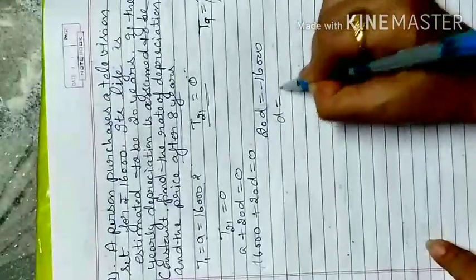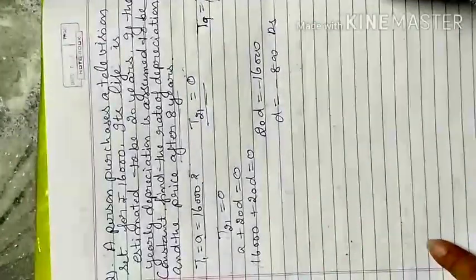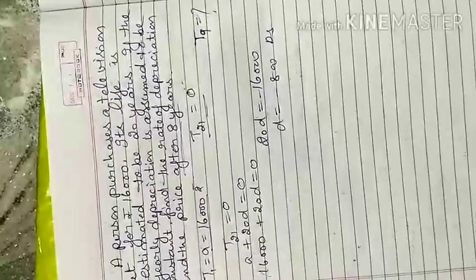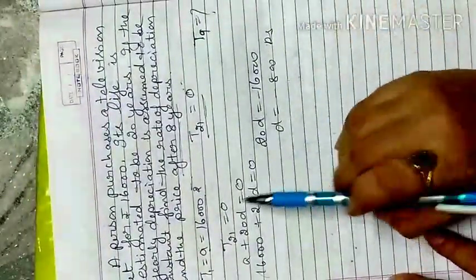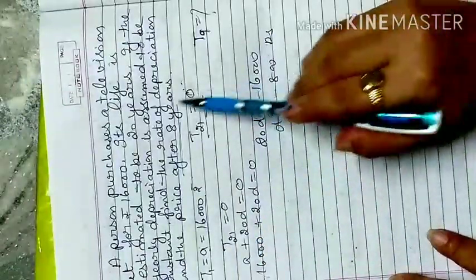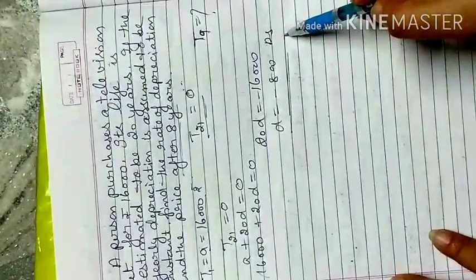When you solve this, that gives you minus 800 rupees. That means every year the depreciation, meaning deduction, is 800 rupees. So now you have the first term and the difference. That is the first part: find the rate of depreciation. Rate of depreciation is 800 rupees.